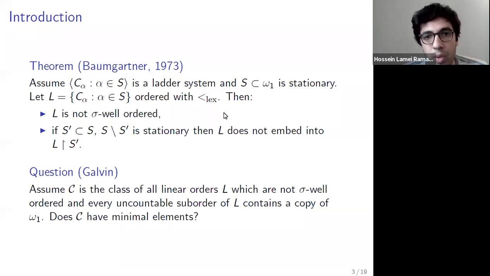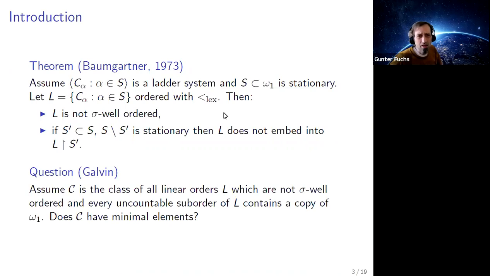It's not sigma well-ordered, and it's very wild in terms of minimality: if you take a stationary subset S prime of S whose complement is also stationary, then L does not embed into L restricted to S prime. This was just a surprising example, and he was presenting it in a paper called A New Class of Order Types.